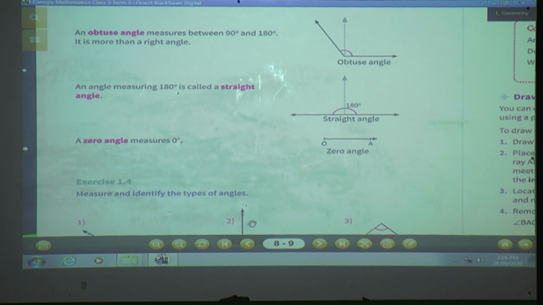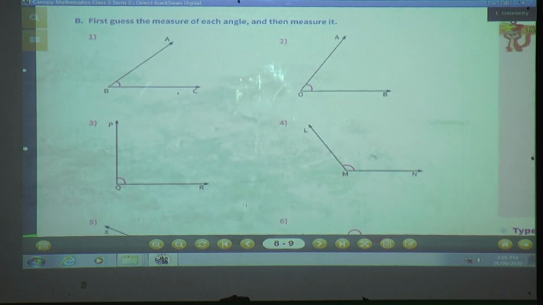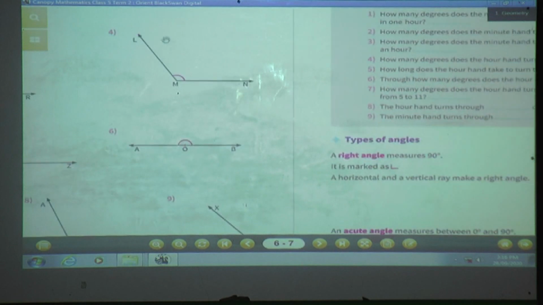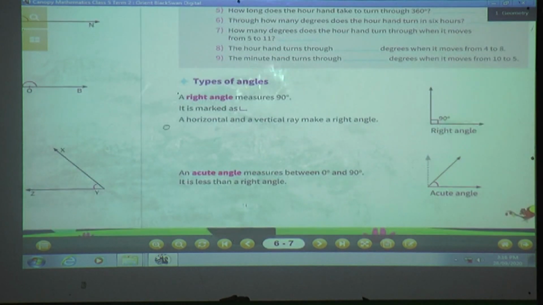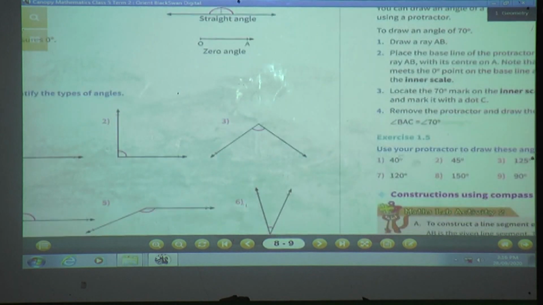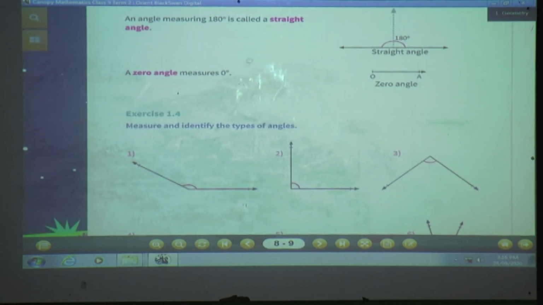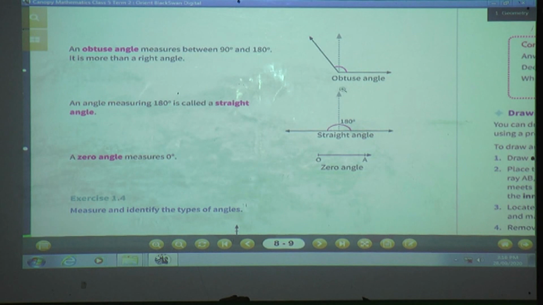So today we have studied the right angle. It measures 90 degree. An acute angle measures between 0 degree and 90 degree. It is less than a right angle. And this is an obtuse angle.